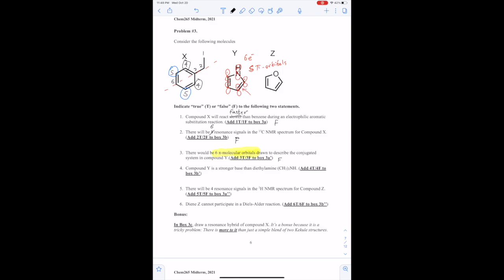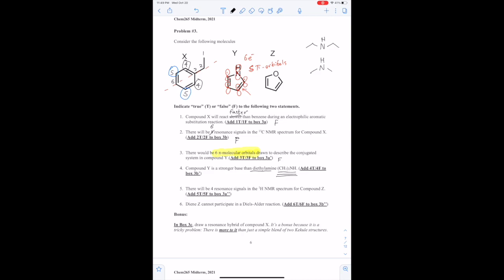Okay, 4. Compound Y is a stronger base than diethylamine, which looks like, no, sorry, it's nitrogen, which looks like that. But the molecular formula here does not show diethylamine. That's dimethylamine, and that would be this. And it really doesn't matter whether the question is trying to ask us if Y is stronger than diethyl or dimethylamine, because it shows the same principle.